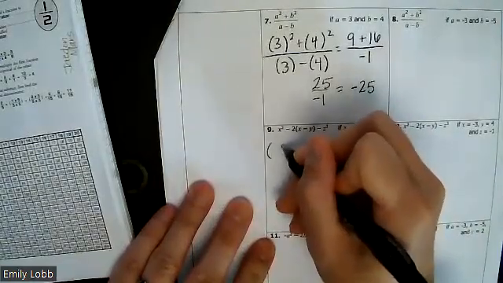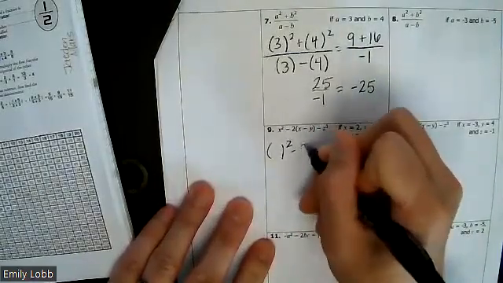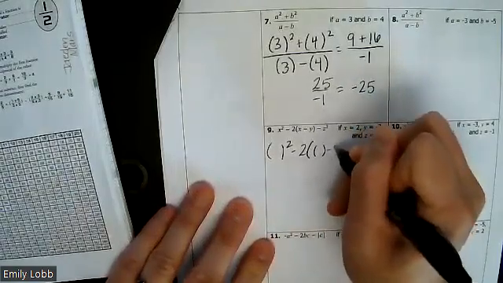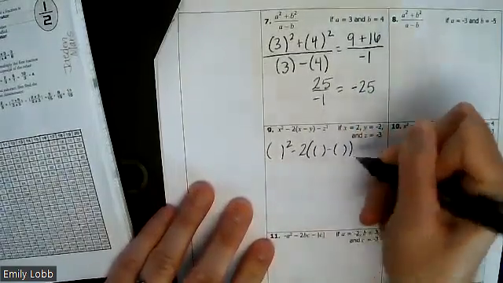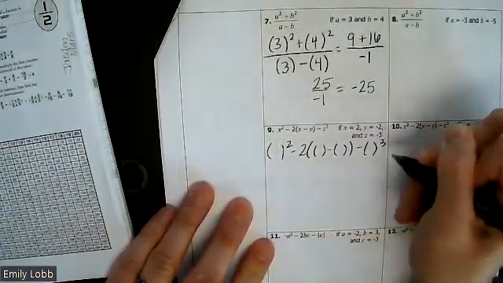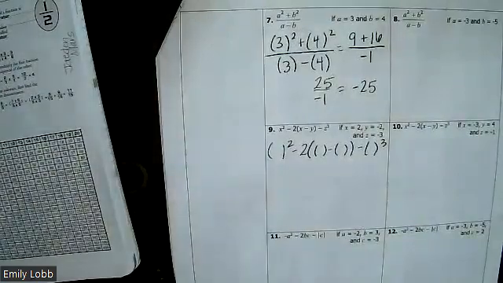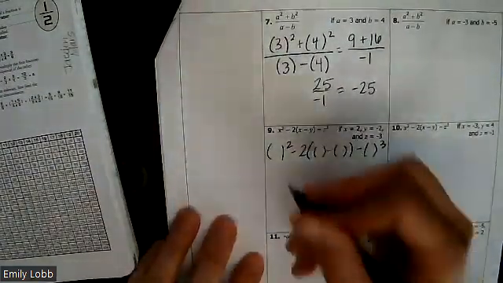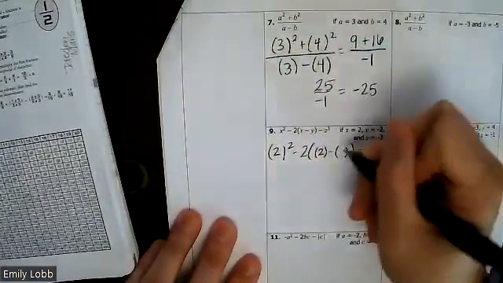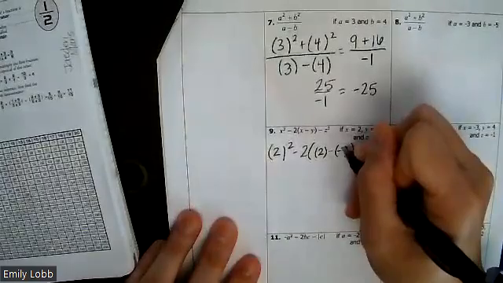So we've got something squared minus 2. I've got parentheses inside my parentheses now. Minus something to the third power. That's a lot of parentheses, right? In place of my x, I'm putting a 2. I have an x right here and an x right here. In place of my y, careful, I'm putting a negative 2.